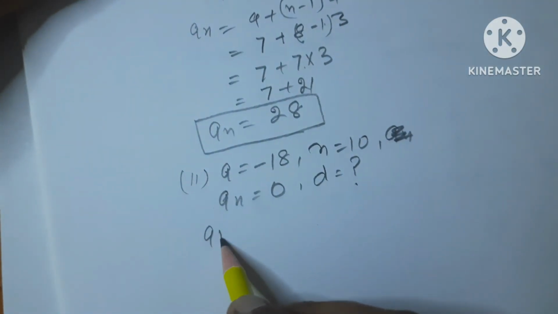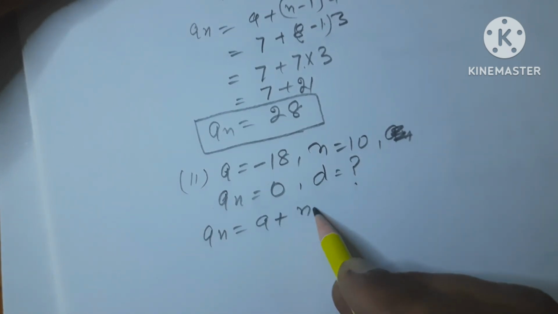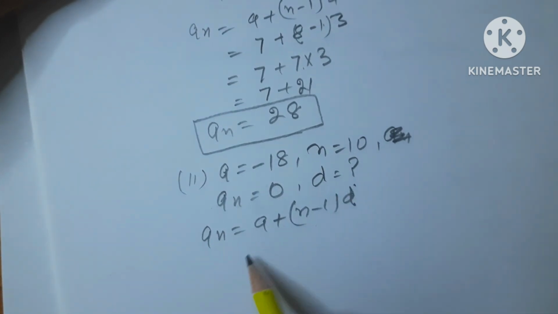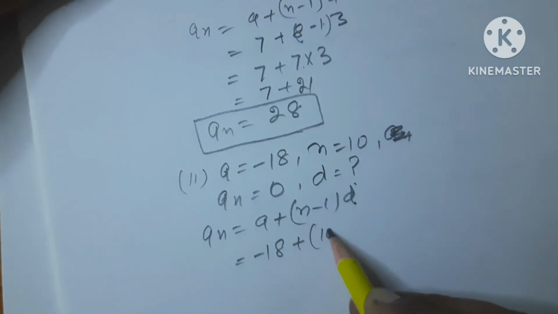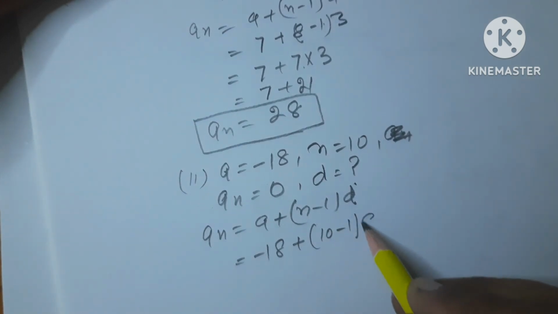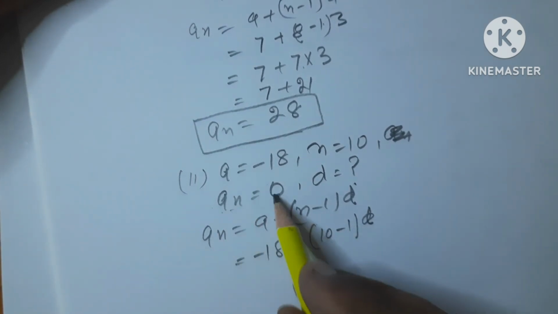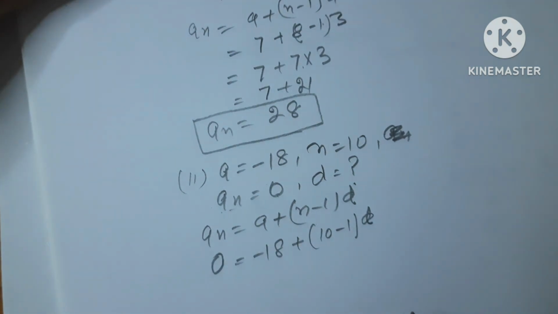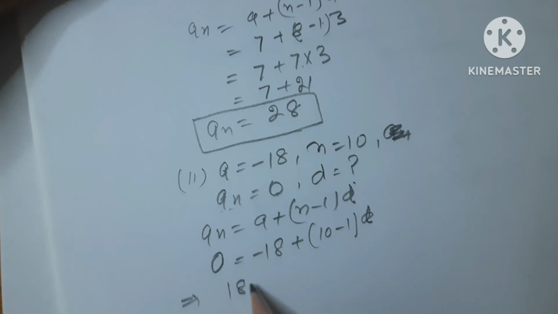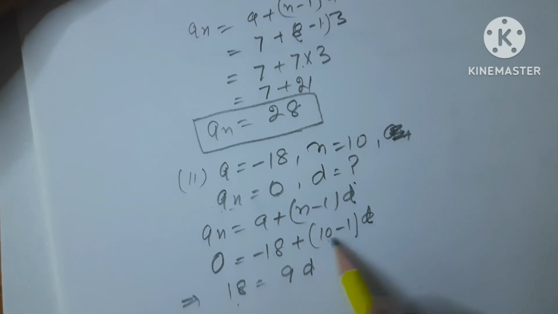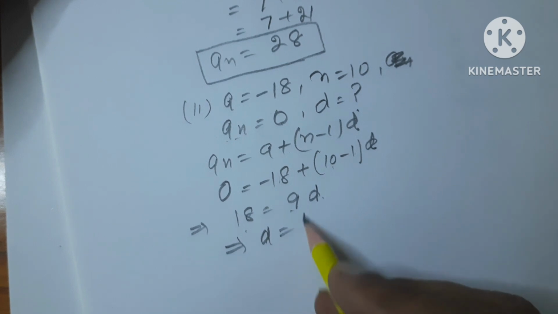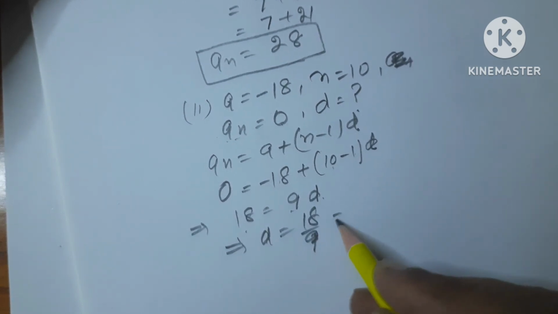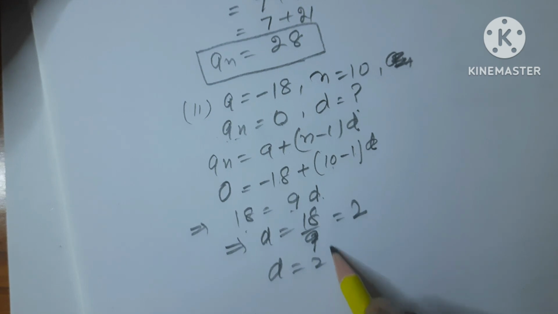So we'll use the formula an is equal to a plus n minus 1 into d. a is equal to minus 18, n is equal to 10 minus 1, d we want to find out, and an is 0. That means 18 is equal to 9d. This will shift to this side and become plus. This becomes 9d. That means d is equal to 18 by 9, which is 2. d is equal to 2.